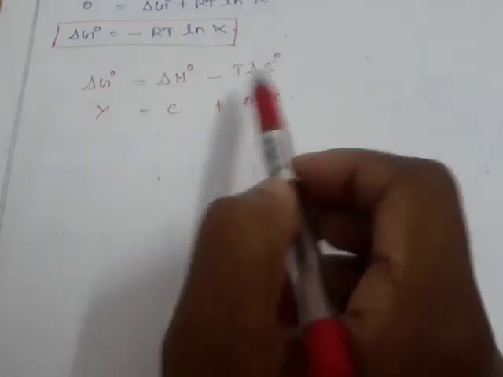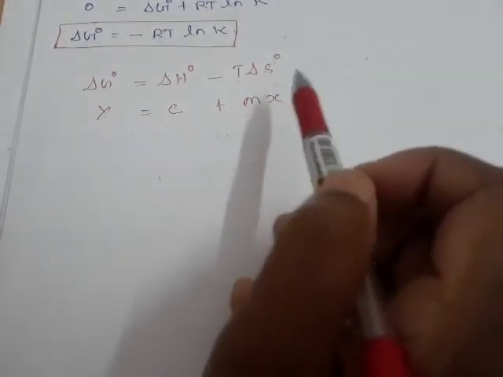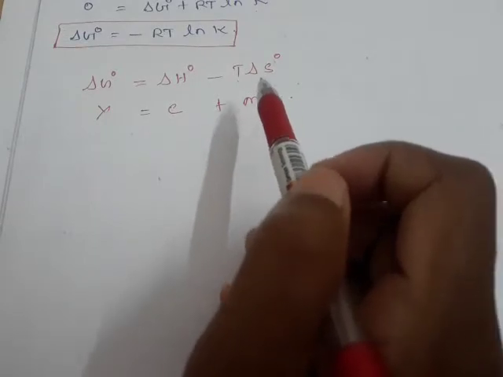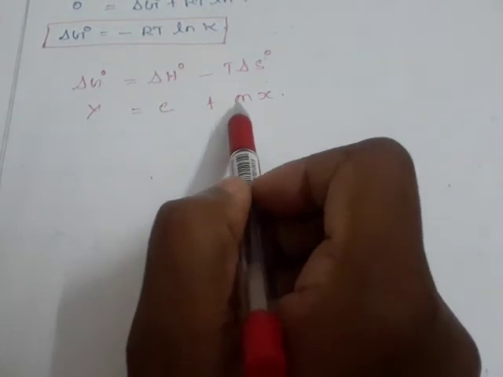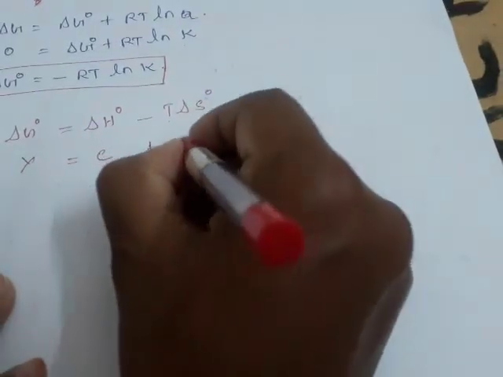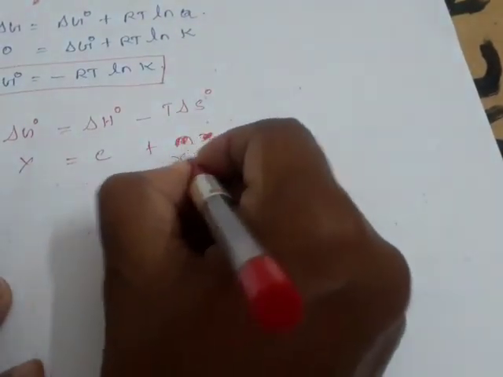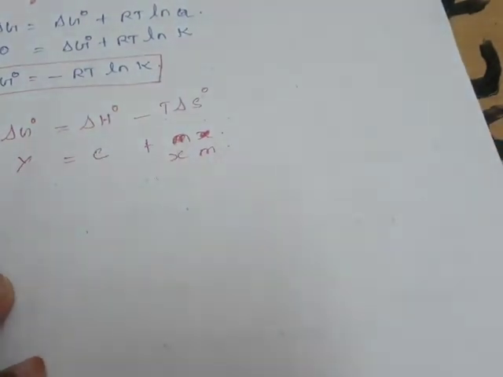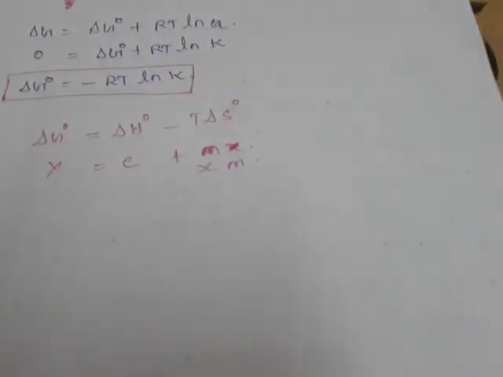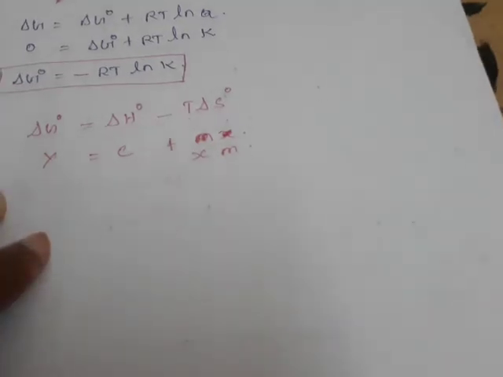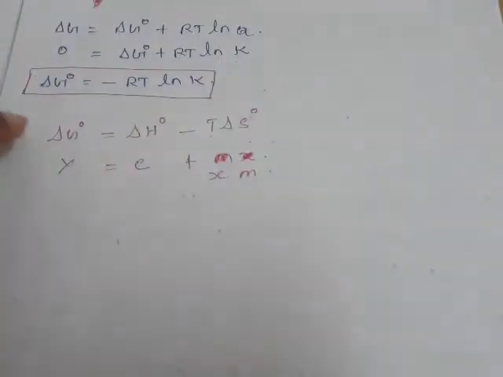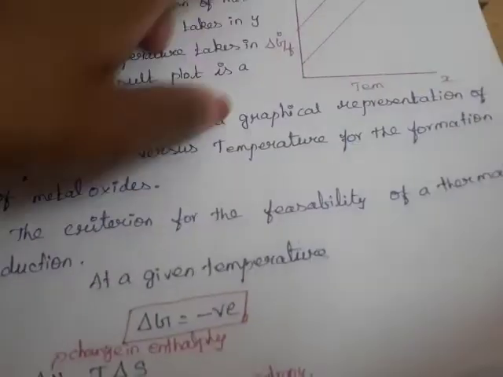Okay, so temperature is the x axis. X is the temperature, m is the del S. Okay, now x is the temperature, taken on the x axis, and y is the del G naught value, taken on the y axis.